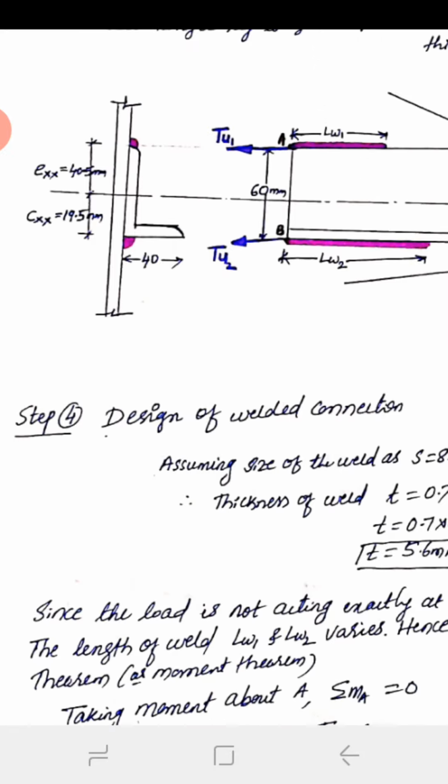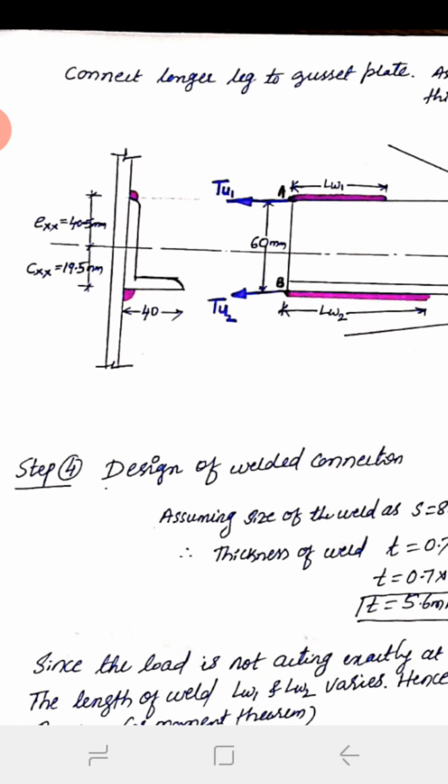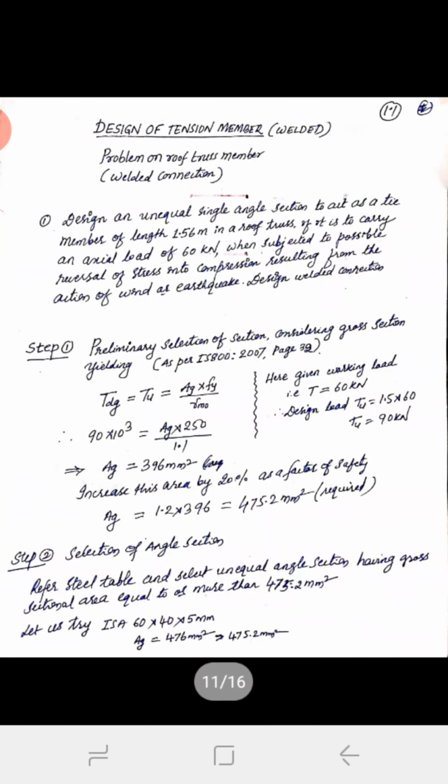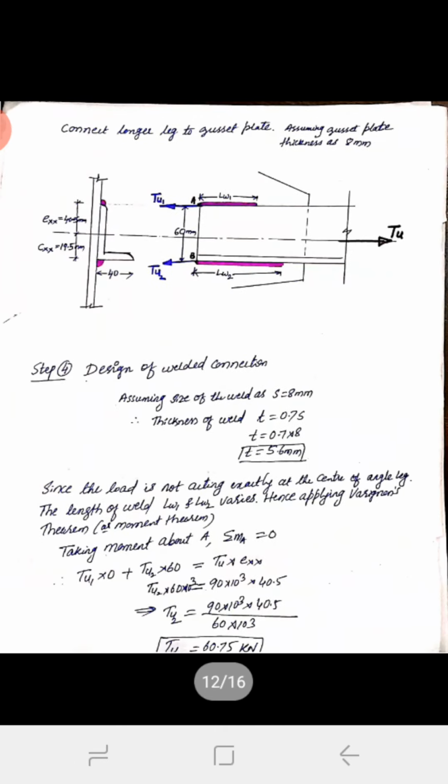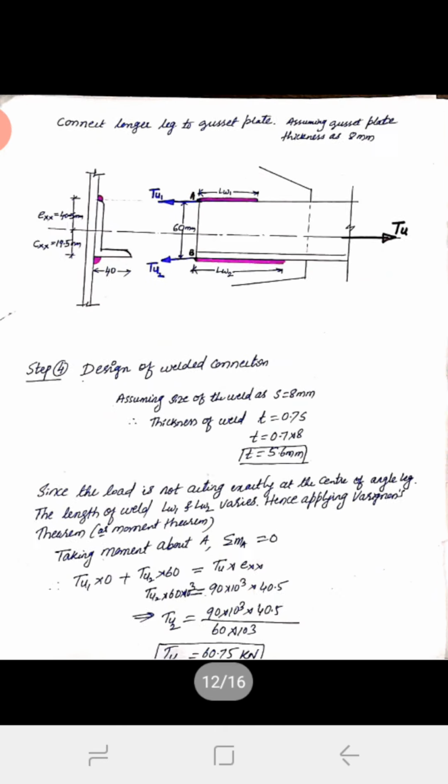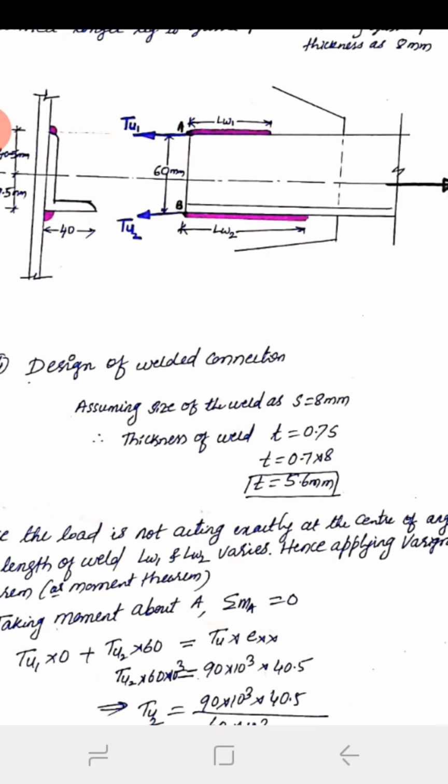In step number 1 you have to calculate the area. In step number 2, selection of the angle section, and this is step number 3, in which you design the welded connection.